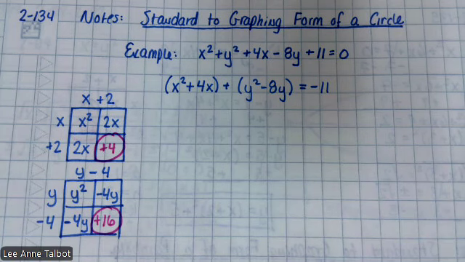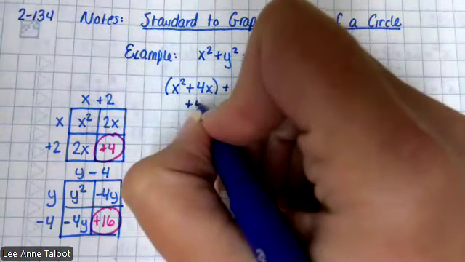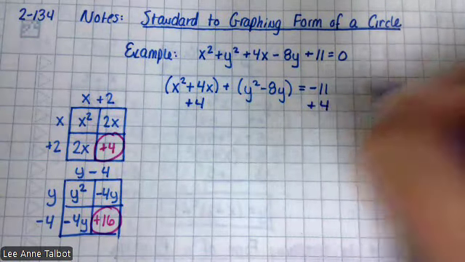Okay, so you got your two separate boxes. You add 4 to this one, which means you add 4 to that side.